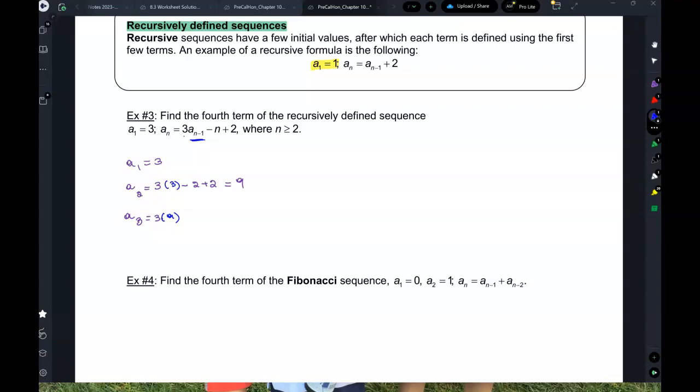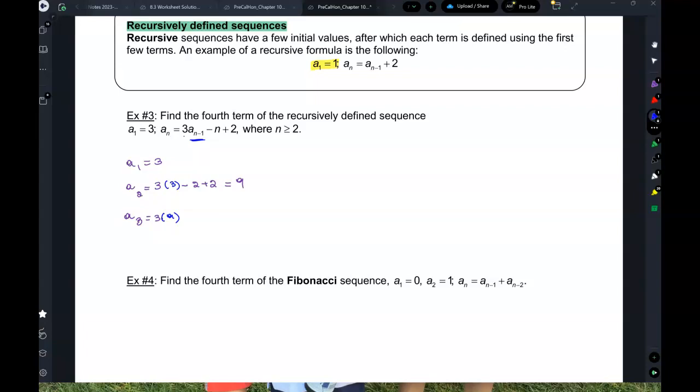This is a sub 1. Now you want a sub n. You want a sub 2. This is the second term. So look up here. When you say a sub n minus 1, it's the value right before.